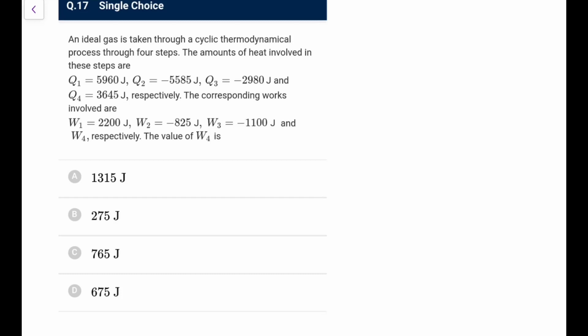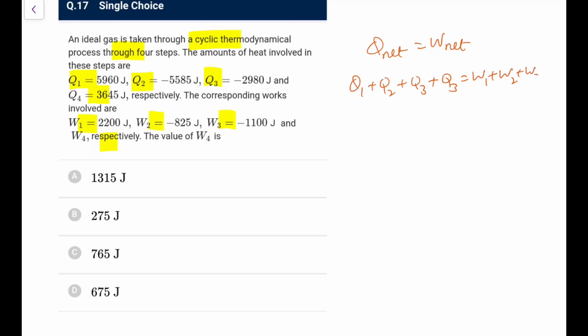Next one. An ideal gas is taken through a cyclic thermodynamic process, 4 steps. Q1, Q2, Q3, Q4 are given, and corresponding works are given. It's an easy one. For a cyclic process, Q net equals W net. So Q1 plus Q2 plus Q3 plus Q4 equals W1 plus W2 plus W3 plus W4. What we require is W4, which would be the summation of all Q minus the summation of the other works.